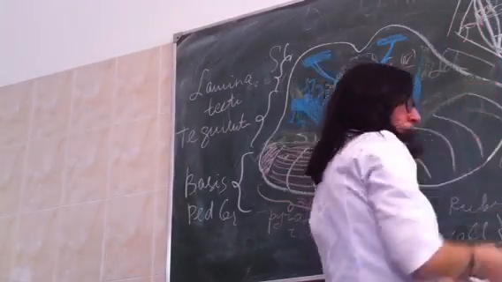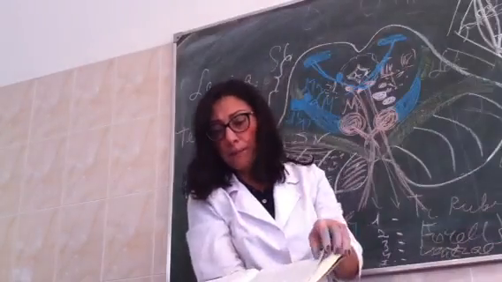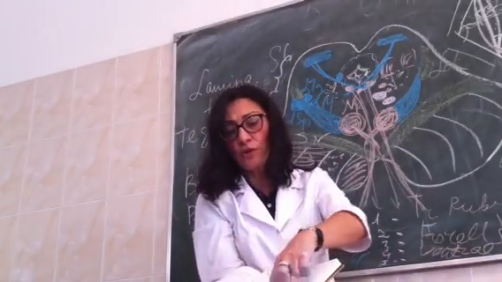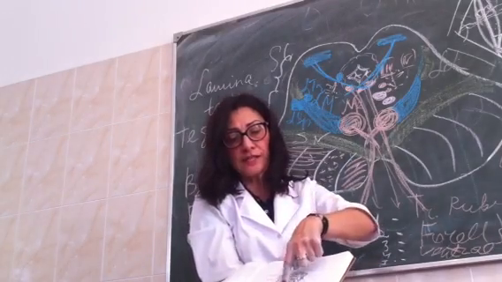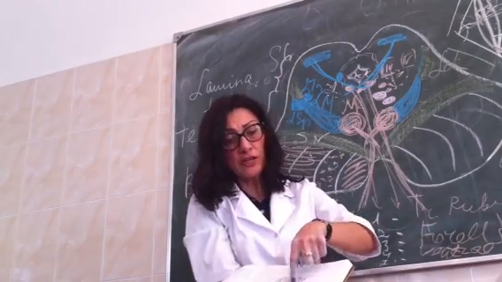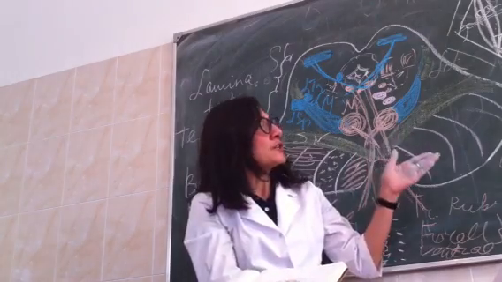Their nuclei are located inside the brain matter, but they are projected on the rhomboid fossa. What arrangement do they have?